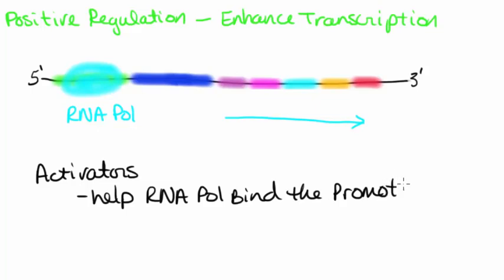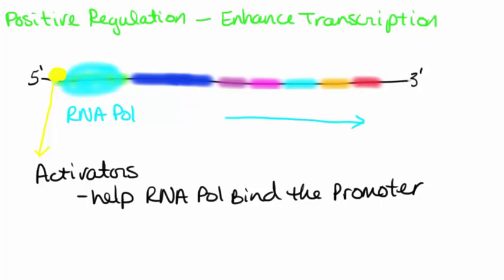So if we get better binding of RNA polymerase on the promoter and we don't have a roadblock here on the operator, then overall we're just going to expect to have better transcription. These usually bind somewhere over here, and the yellow is representing my activator. In this case, we get better binding of RNA polymerase, and the end result is that we get more transcription, which leads to more protein at the end.